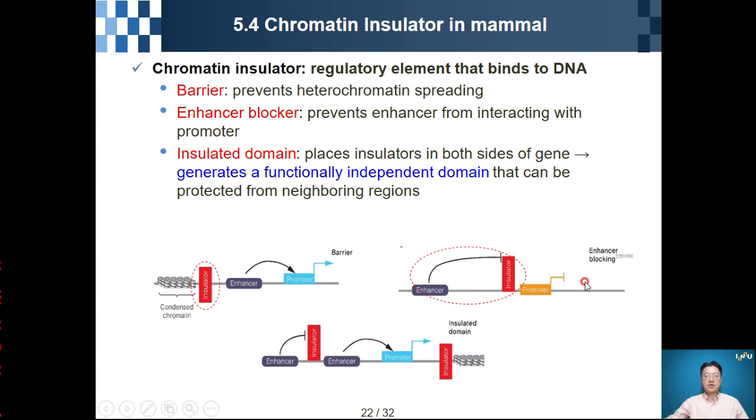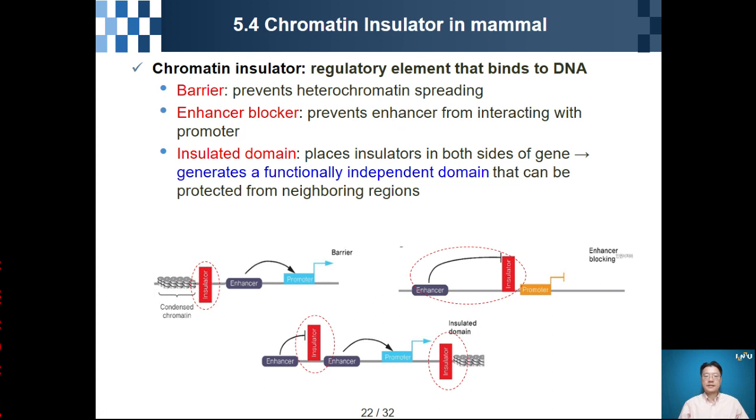The final function is that it can function as an insulated domain. This is our gene of interest, which has an enhancer and promoter. First, place insulators on both sides of the gene.